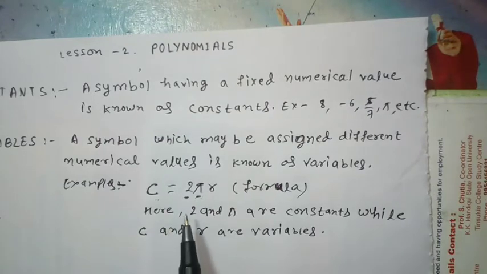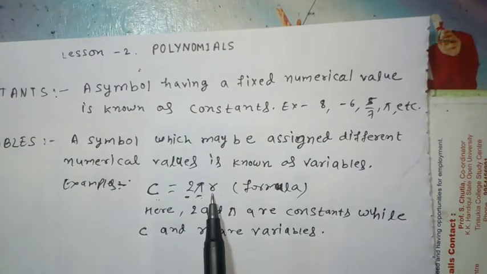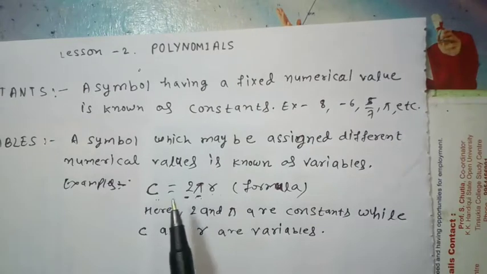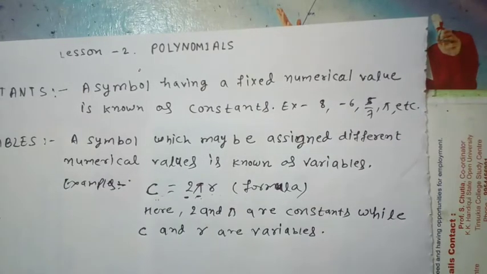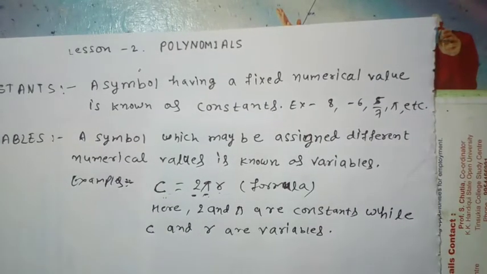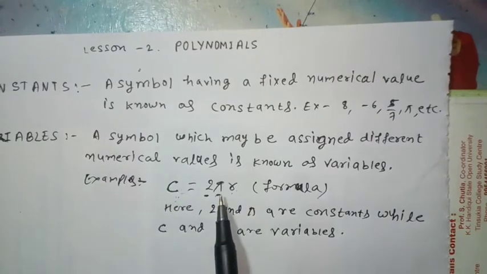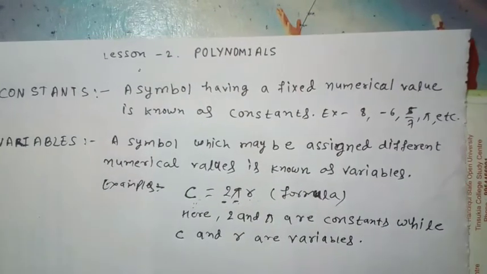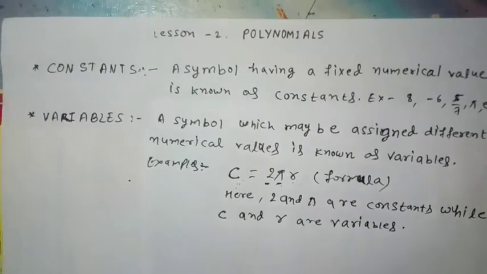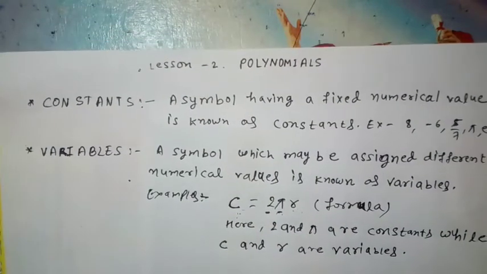Okay, so the value of r changes, then the value of c also changes. So c and r are called variables. Okay, next, algebraic expression.